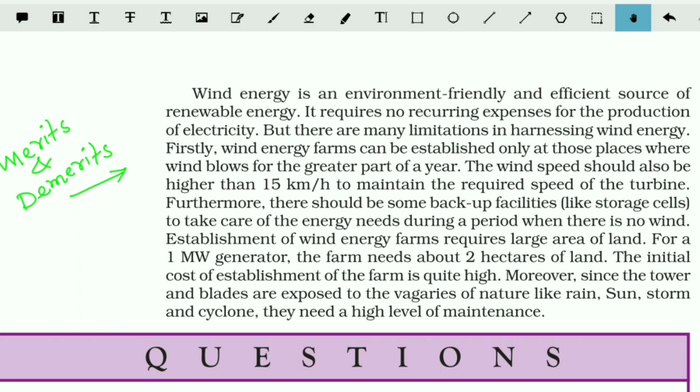Firstly, these are the demerits. Wind energy farms can be established only at those places with suitable winds. So this is region specific. What are the demerits? So the first demerit I can write here is that it is region specific.